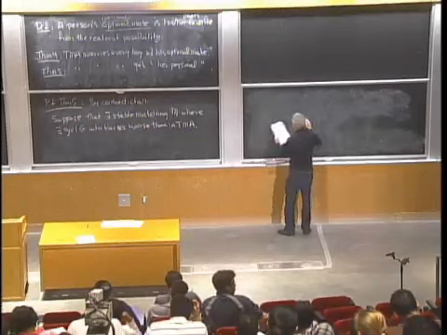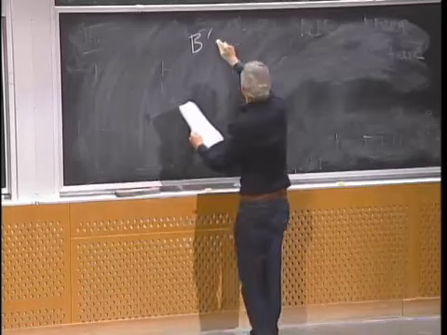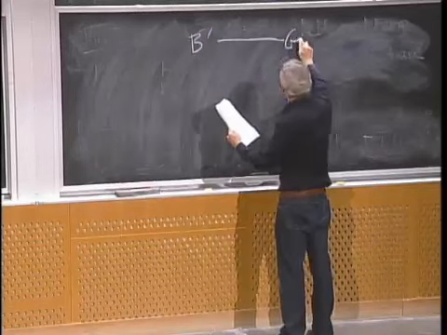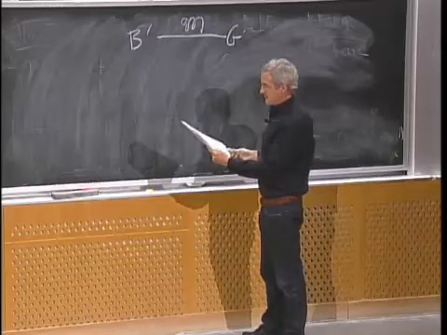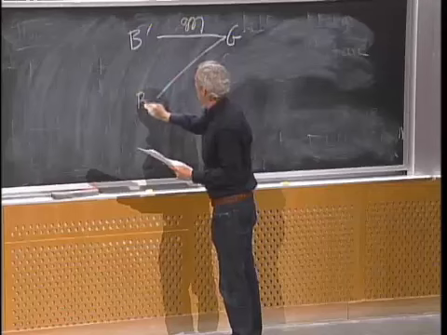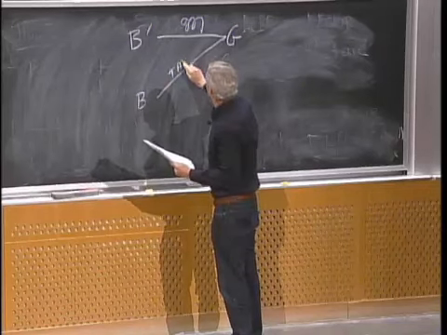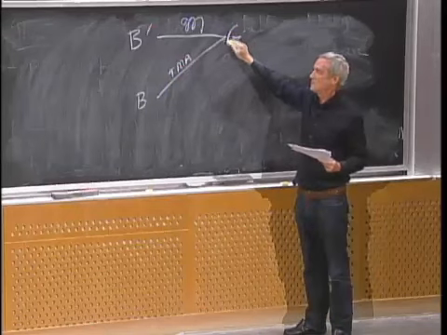All right, so let's let B prime be the mate of G in M. So girl G did worse in M than in TMA, so here's her mate in M. And let B be her mate in TMA. Who does she like better, B or B prime?